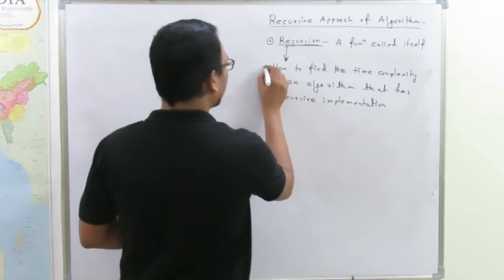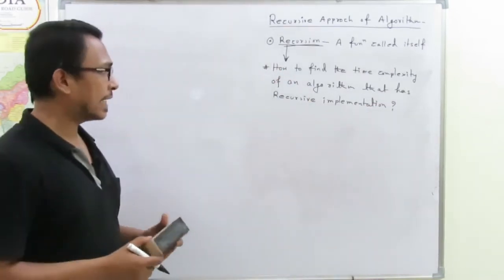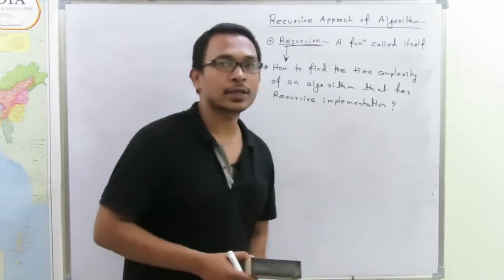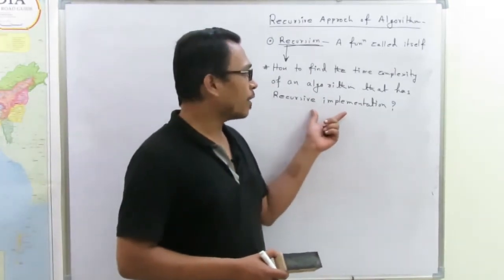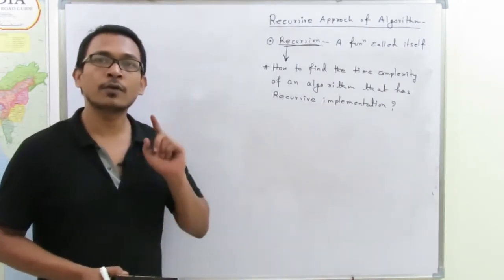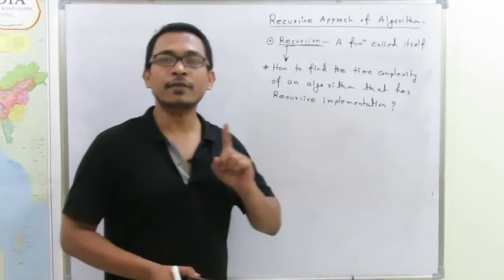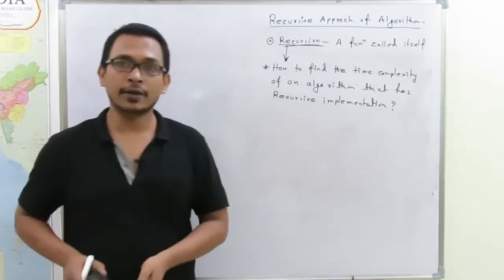How to find the time complexity of that particular algorithm that used a recursive implementation? So, to find the time complexity of such an algorithm, first we need to find the recursive equation for time of that particular algorithm.